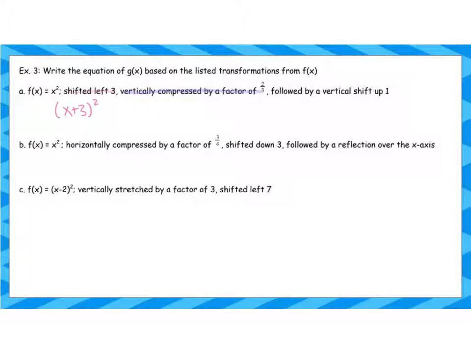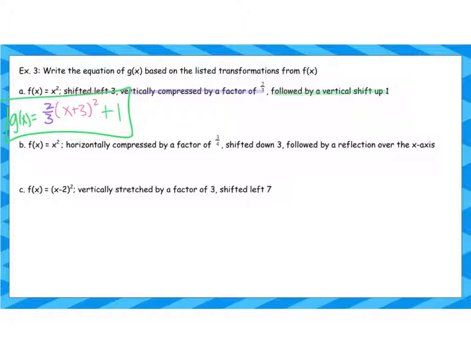That means I'm going to take whatever equation I have, and I'm going to multiply it by 2/3 on the outside. Then the last part, it says followed by a vertical shift up 1. So the next step that I would do, a vertical shift up, would mean I would take the function that I have and add 1. So my new equation would look like this.